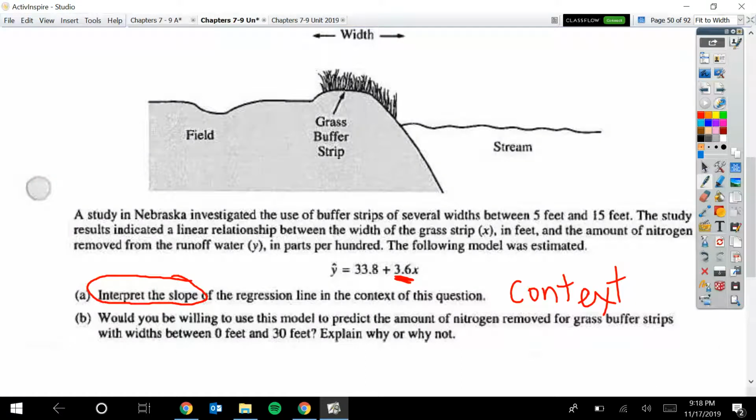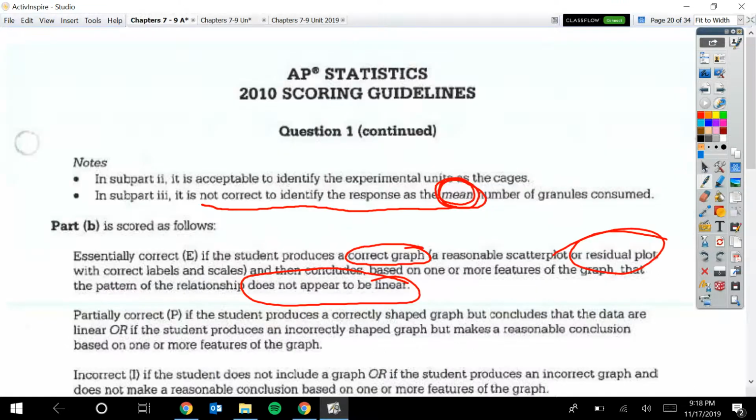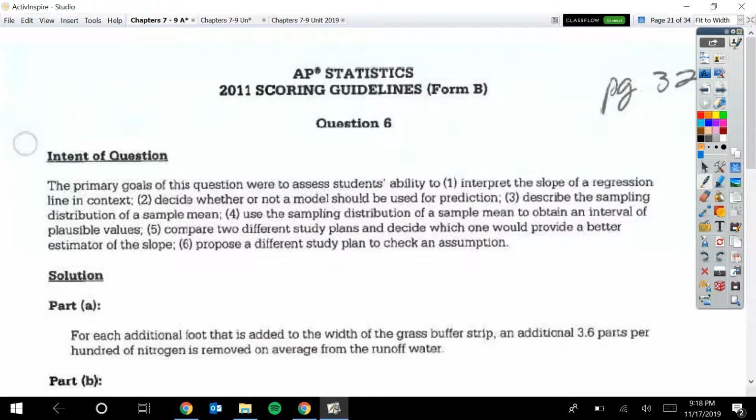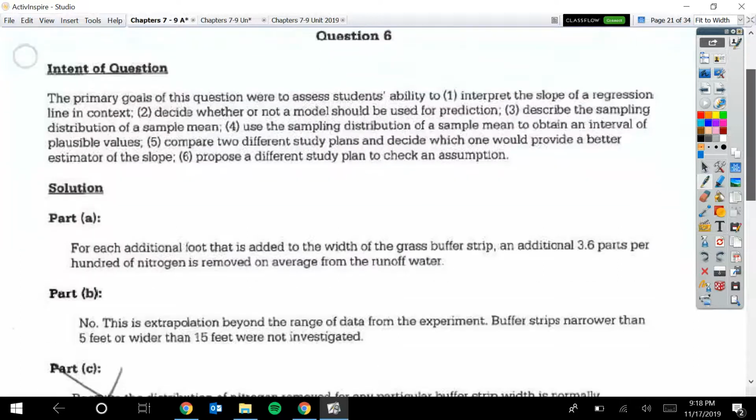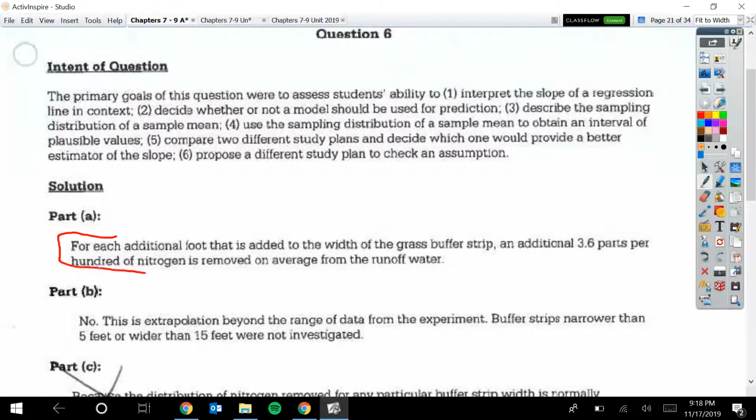So you had to say, for each additional foot that is added to the width of the buffer strip, you are predicted to remove an additional 3.6 parts of nitrogen.